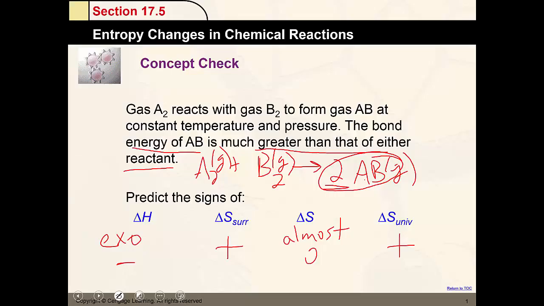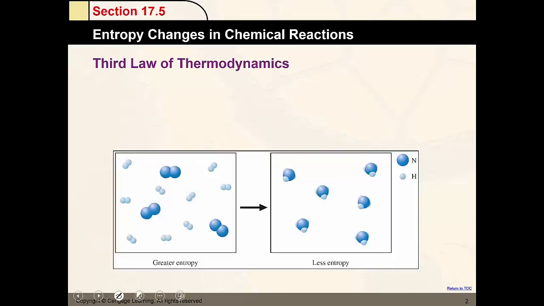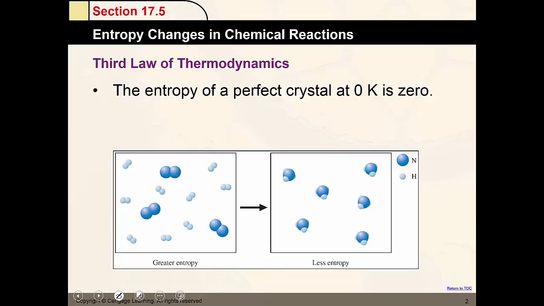Okay, and with entropy here, you should be able to interpret this for the third law of thermodynamics. So first off, the entropy of a perfect crystal at 0 Kelvin, so that's absolute 0, is 0.